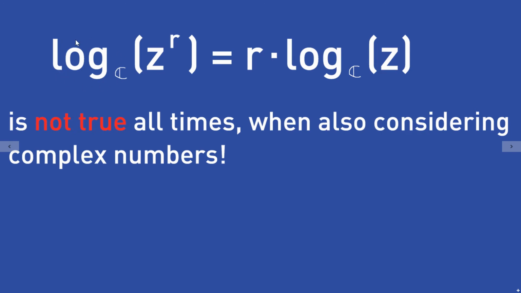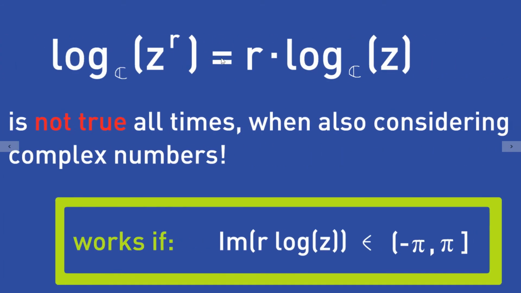So we are talking about the rule that the complex logarithm of z to the power of r is equal to r times the complex logarithm of z. When considering the real logarithm, this rule is always true, but when considering complex numbers, this rule is not always true. It can only be used if this extra condition here holds true.